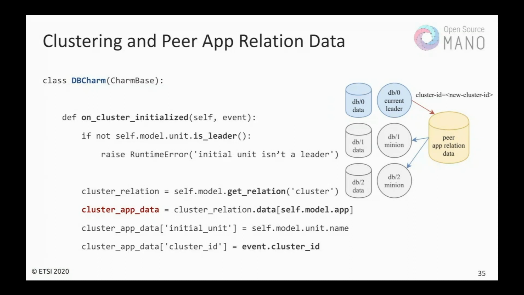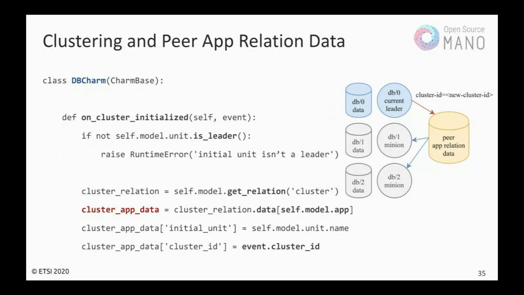In order to do that, you obtain a relation object, which you can see here. It's named the cluster relation. And then you would need to get to the dictionary called cluster application data. For that, you would access the relation's data and pass in the application for which you want to write some data.